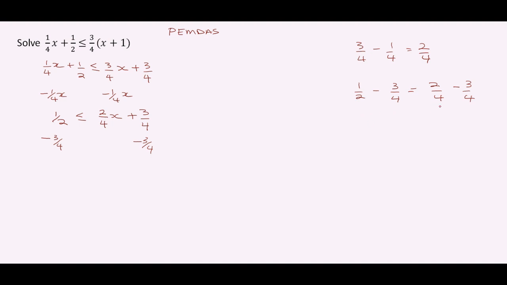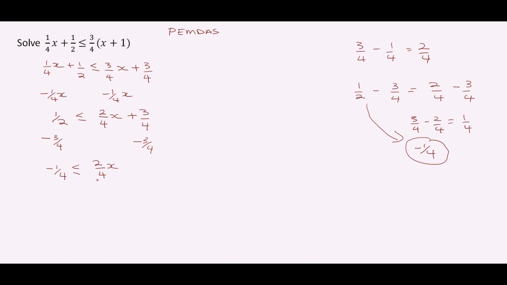So 3/4 is greater than 2/4, so we just go ahead and subtract 3/4 minus 2/4. That's going to give us 1/4. But because this negative sign is on the larger fraction, we have negative 1/4. Let me put a circle around that. So we have negative 1/4 is less than or equal to 2/4x.